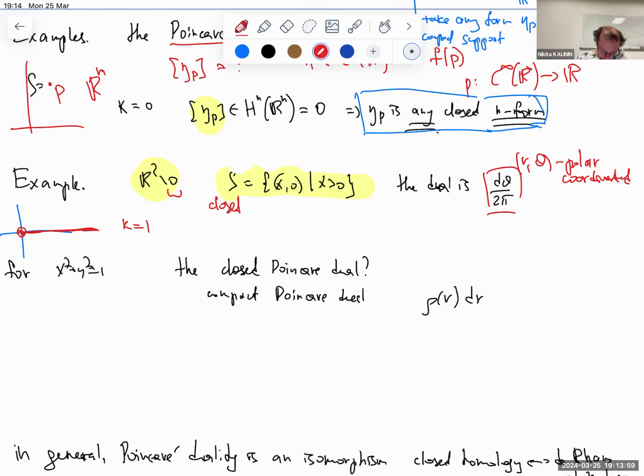Let's do it. The dimension is 1, so in the definition, we should say that the integral over S of i upper star of any omega should be equal to the integral over R2 without 0 of omega wedge d phi over 2 pi, where omega is any closed one form.